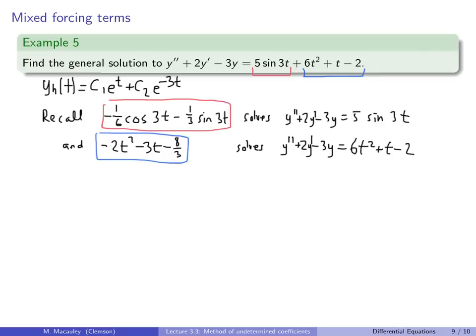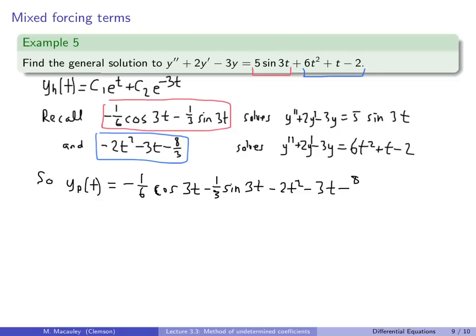So as a particular solution, we can just add these together: negative 1/6 cosine of 3t minus 1/3 sine of 3t minus 2t squared minus 3t minus 8/3 is a particular solution.